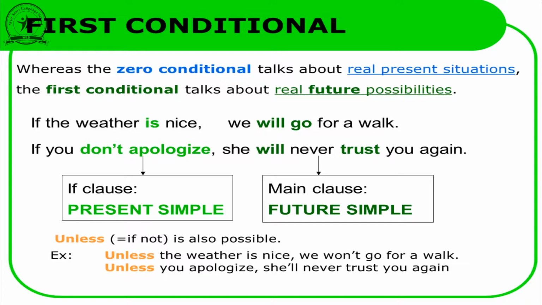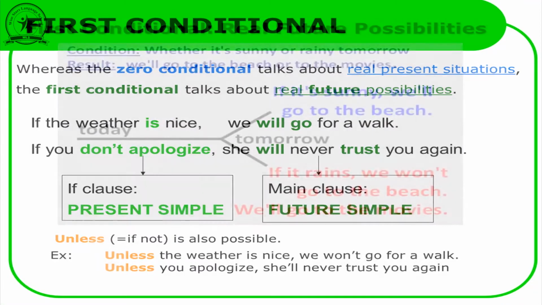Since unless equals if not, I have to negate the second part of the sentence also. Move to the next sentence. If you don't apologize, she will never trust you again. Pay attention that we do have a negative here, so I have to remove the negative in order to put unless. Unless you apologize, she will never trust you again.